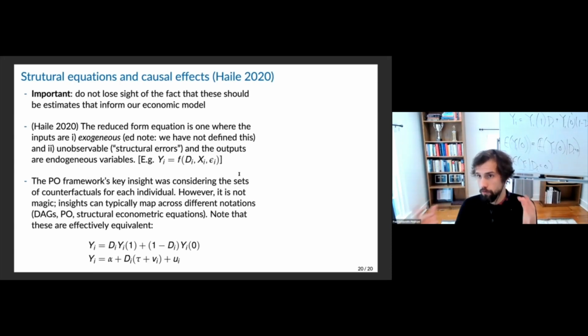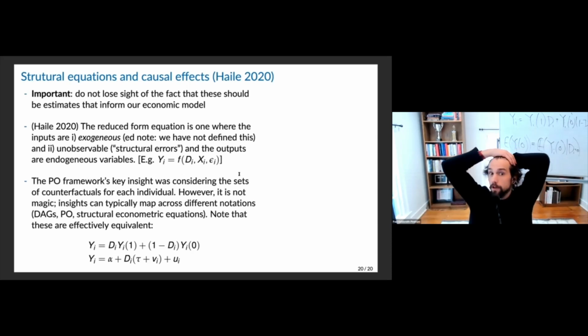In our potential outcome framework, we were talking about D_i being some treatment. And there are unobservable structural errors in there. The outputs should be endogenous variables, things that we care about. And we're interested in manipulating our treatment variables or exogenous variables and understanding how those things respond. Those are useful because we want to be able to talk about counterfactuals, right?